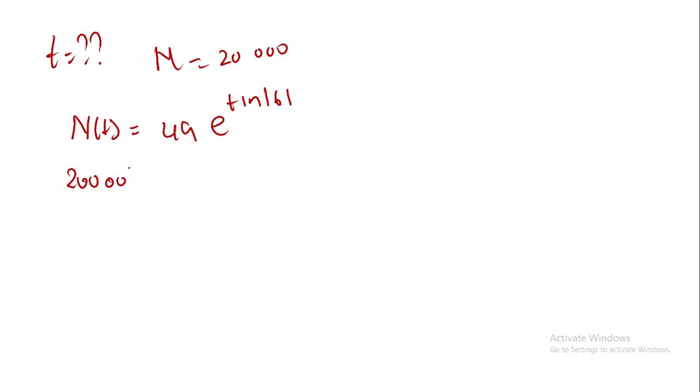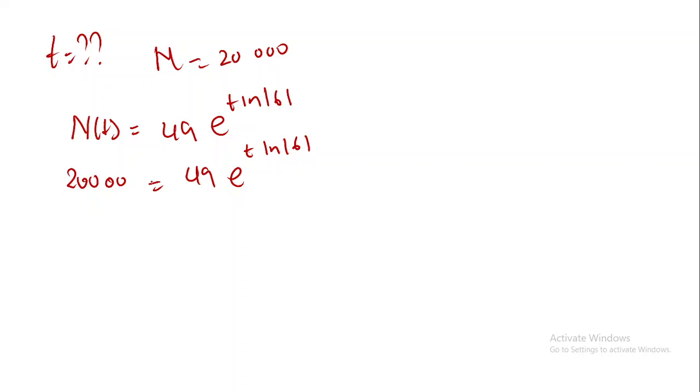When N is equal to 20,000, and we already calculated the formula for N of t, which is equal to 49 e to the t ln of 6. So we can actually place 20,000 where you see N of t, and when you see time, just leave it as t, because that is what we're looking for.